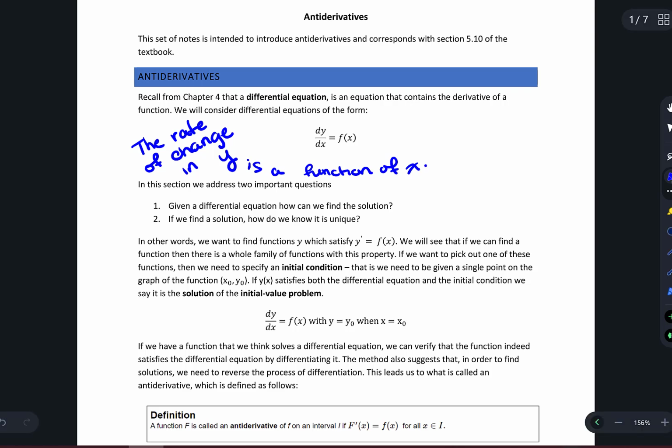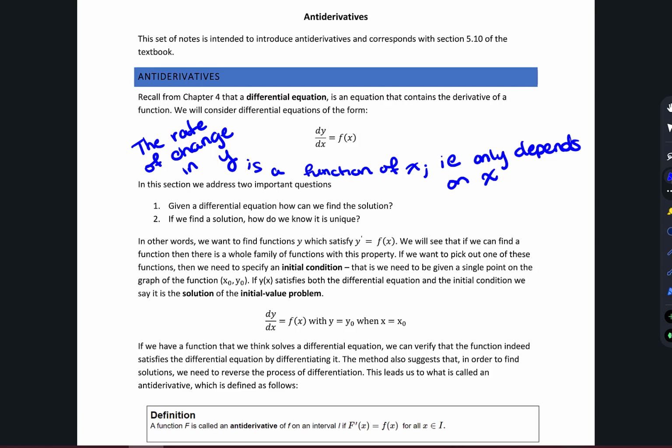And so in other words, when we look at that rate of change of y, it is a function of x and it only depends on x. So in other words, the rate at which the dependent variable changes only depends on the independent variable.